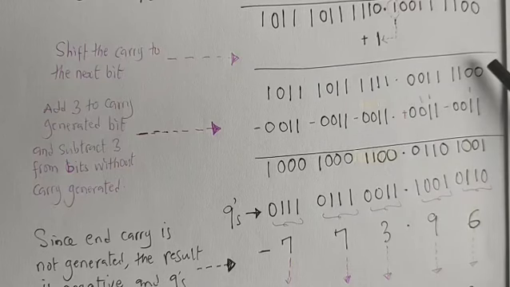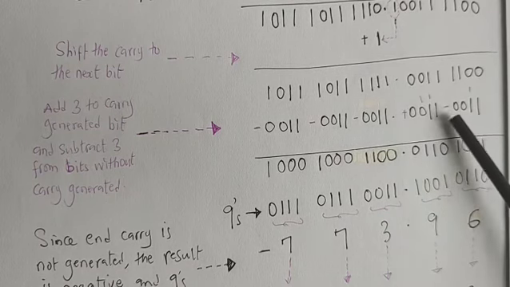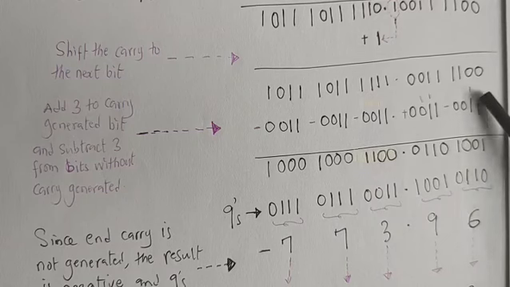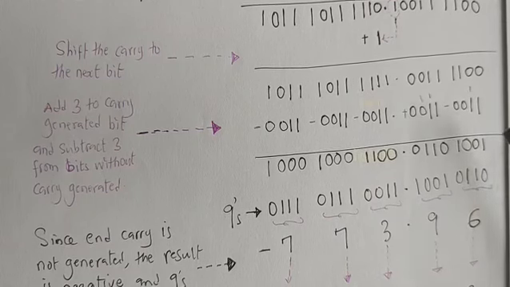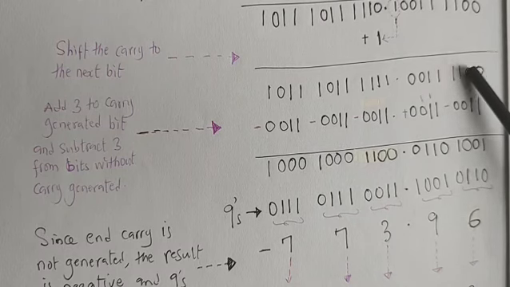0 plus 1 is 1. Right? Is 1. And then we have, in this case, it's minus. Rather, it's not plus. So 0 minus 1 is going to give us 1 with a carry. Now this is the carry generated.